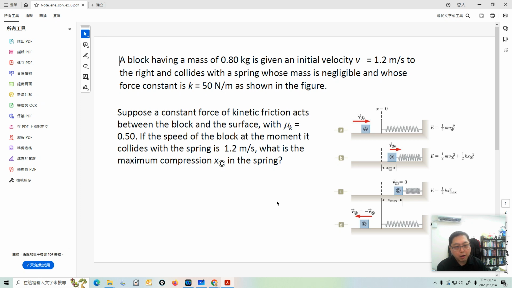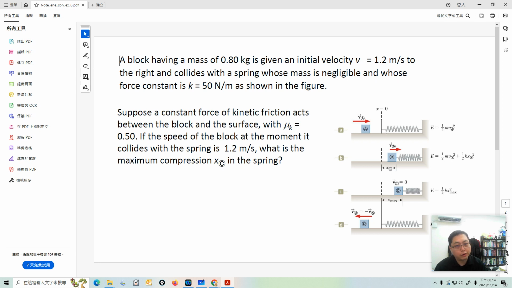It says there's a block with a mass of 0.8 kilogram, and its velocity is 1.2 meter per second, and it collides with a spring. Initially this spring is unstretched.